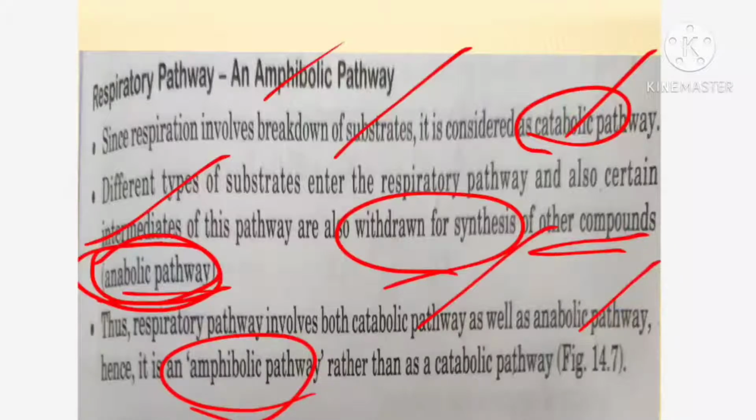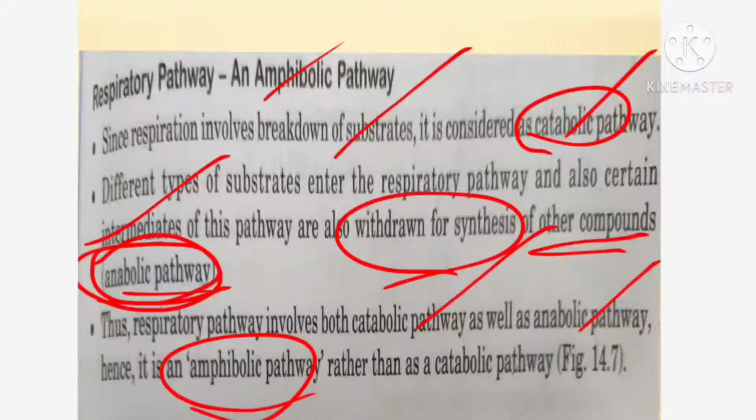Amphibolic pathway. A very important homework question. Why is respiration considered as an anabolic pathway? In this you have to say that since food is broken down, it is catabolic, but at the same time in the respiration process, you can find many products are produced. So these produced products can be taken, and at intermediate steps they can be withdrawn and can be used for some other reactions.